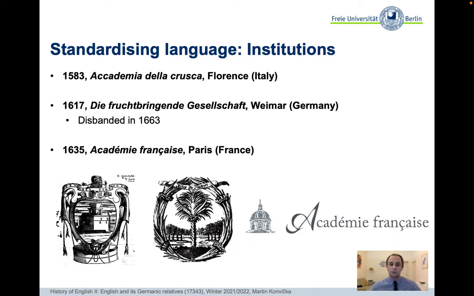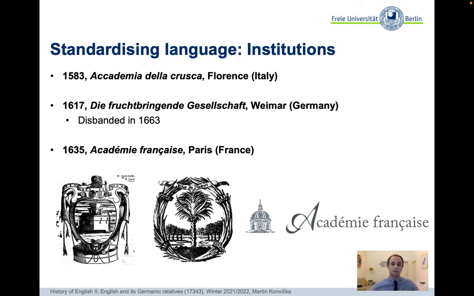And when we talk about standardizing the language, it was not only something that single people did, it was also something that was the task of institutions. The first one of these institutions was founded in Florence, in Italy, in 1583, and was the so-called Accademia della Crusca, an institution that tried to standardize the Italian language.